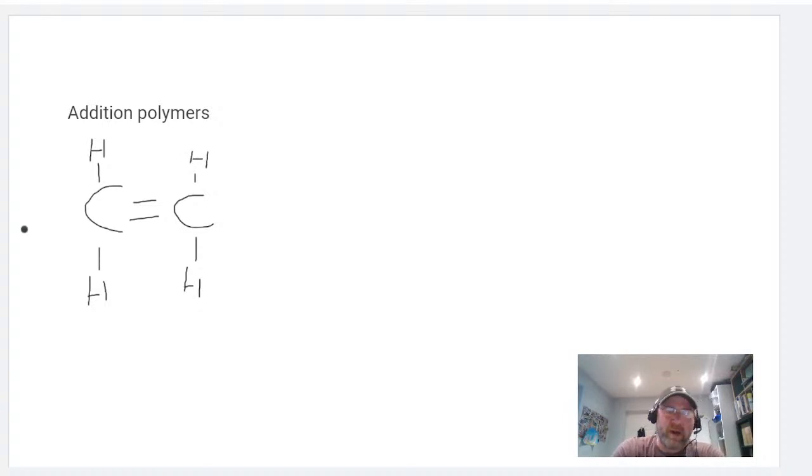So addition polymerization is where I'm going to take a load of monomers. The n can be any number, so it could be a million, and we just want to write n as an algebraic form. I'm going to join that million together, and I'm going to copy this out exactly as over on the left.